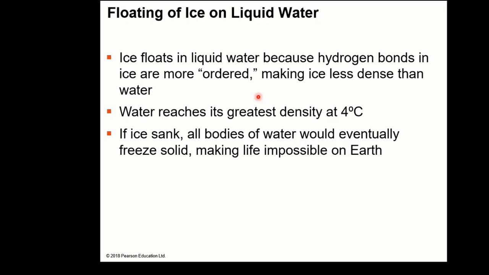Water reaches its greatest density at 4 degrees Celsius. If ice sank, all bodies of water would eventually freeze solid, making life on Earth impossible. That's the sustainability, the striking balance: water reaches its greatest density at 4 degrees Celsius, so ice does not sink.